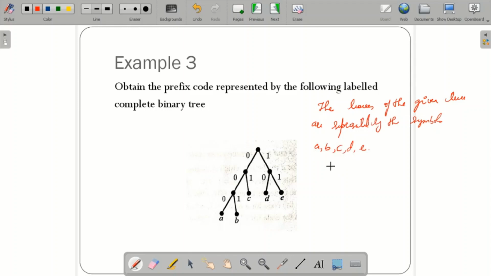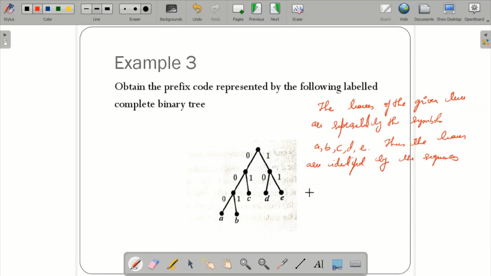Thus the leaves are identified by following the sequences.